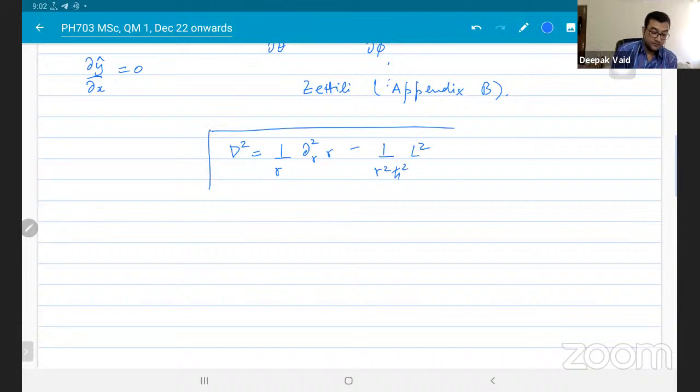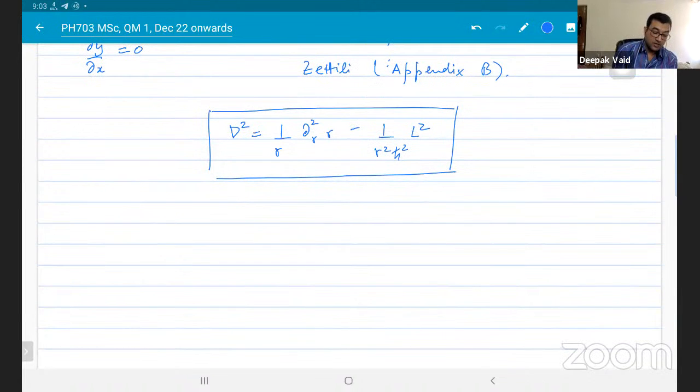It's the final result for the Laplacian. So now when we look at, for example, the eigenstates of the Laplacian, we are asking what are the eigenstates of this operator.